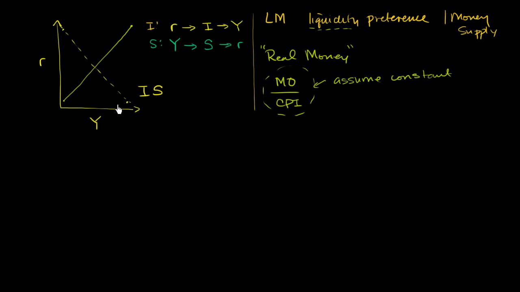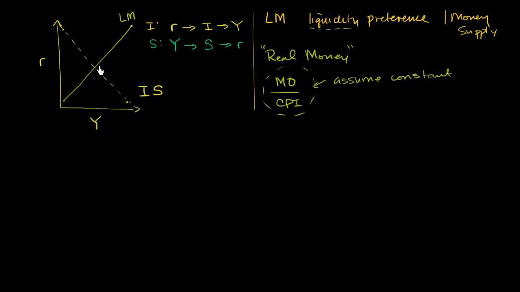This is IS in this dotted yellow line, and our LM curve looks something like that. When you plot these two constraints against each other, the IS is telling us a relationship between real interest rates driving investment and how that affects GDP, or how real GDP affects savings affecting real interest rates. It's a different constraint than what liquidity preference is telling us.